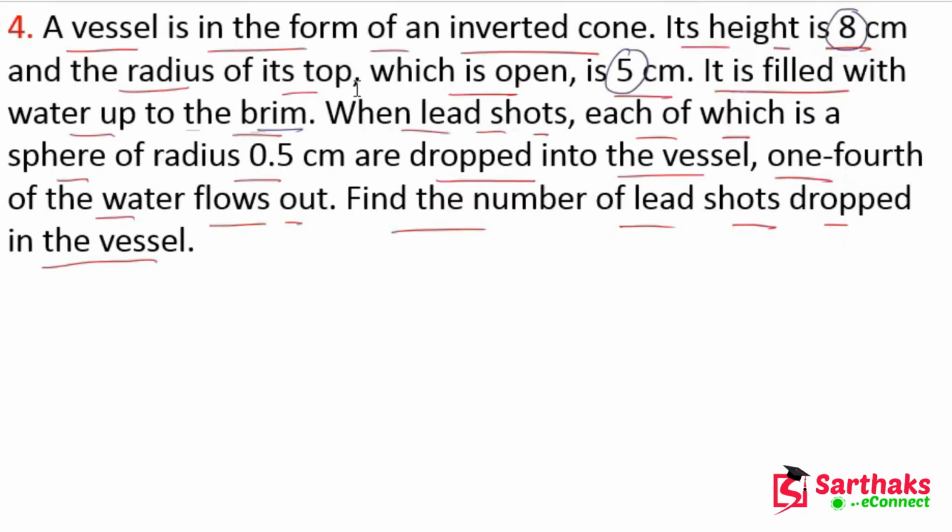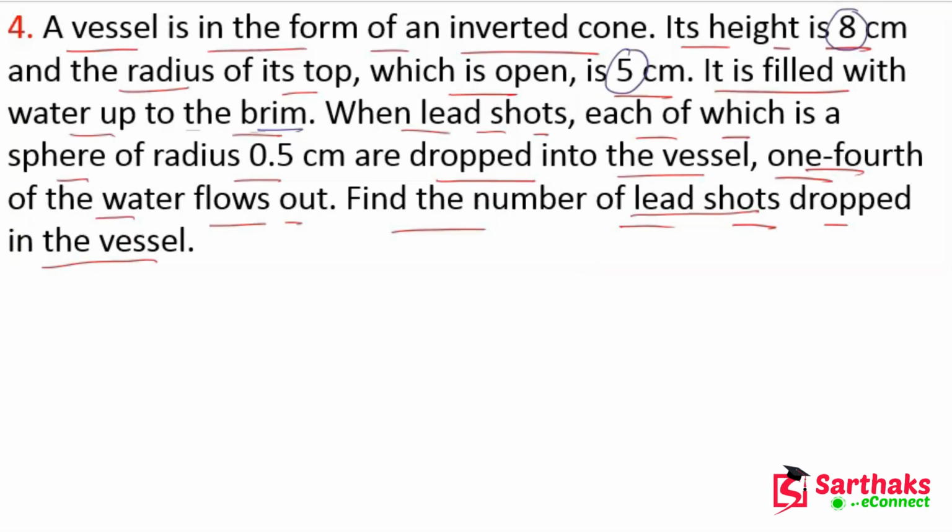When lead shots, which are spheres of radius 0.5 centimeter, are dropped into the vessel, 1/4 of the water flows out. We have to find the number of lead shots dropped in the vessel.